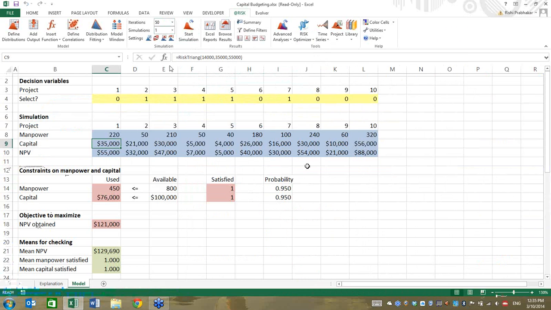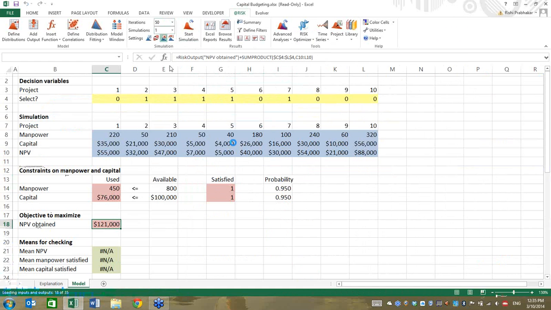We have probability distributions in our model where the capital and manpower can vary, but so too can the NPV. We decided that there was an acceptable level of violation of these constraints of only 5%. So we need to keep adding different projects to our portfolio, maybe swapping some out, including some extras in, to try and maximize the mean of our NPV.